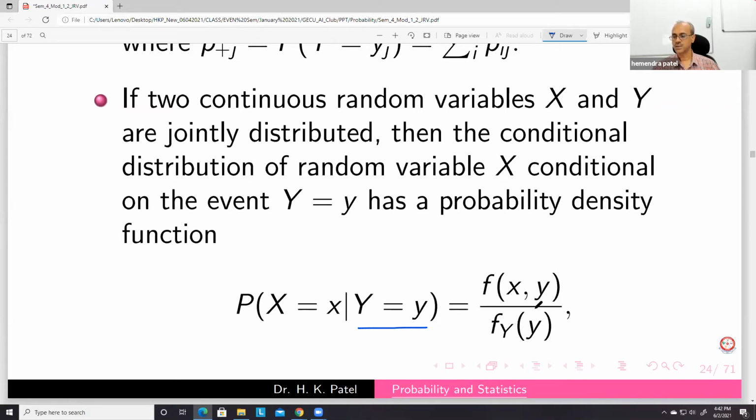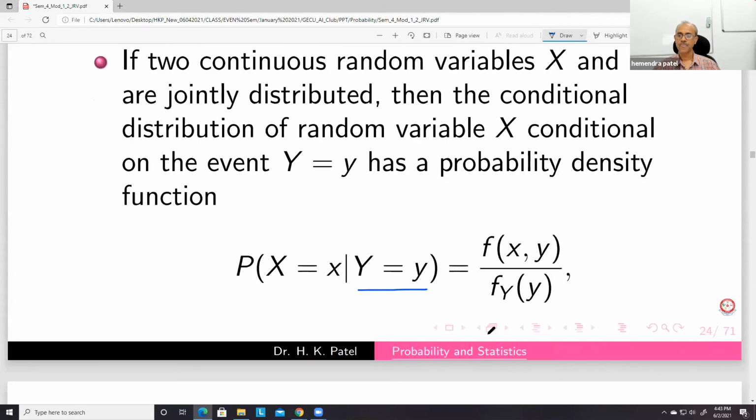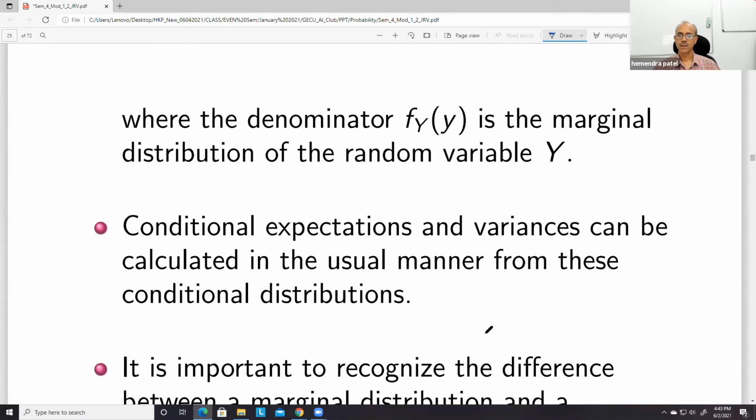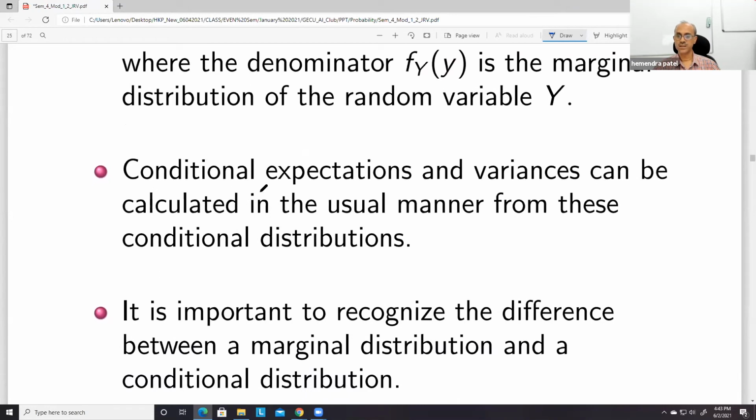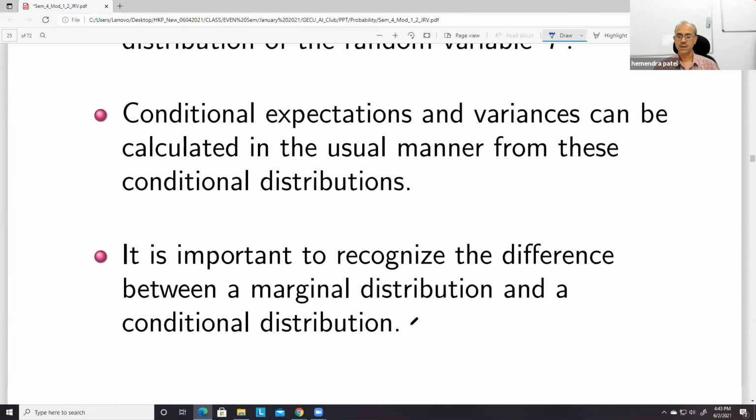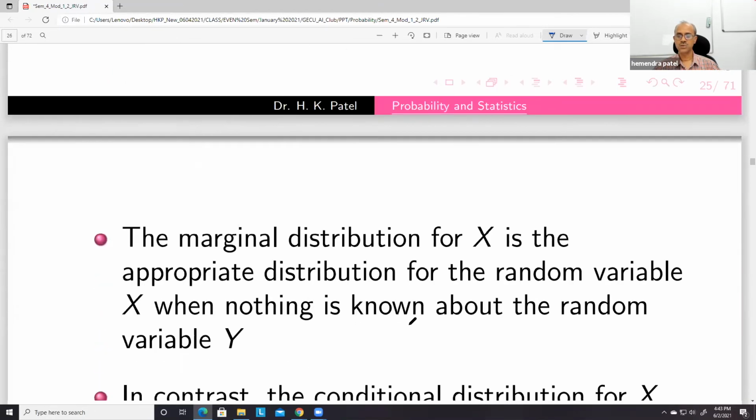So this is the intersection part, P(A intersection B), and this is P(B). With the help of this, we can find conditional expectations and variances.